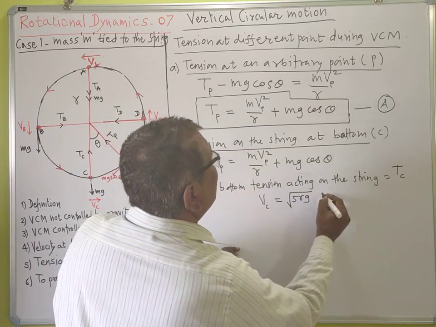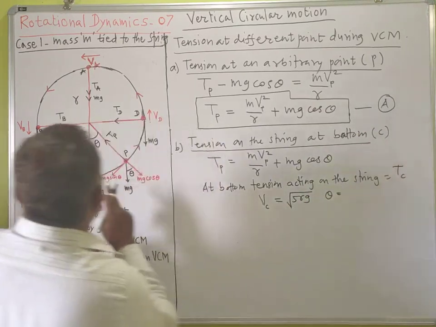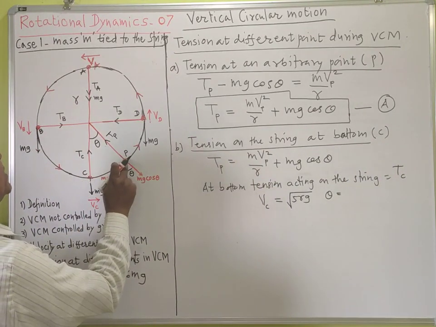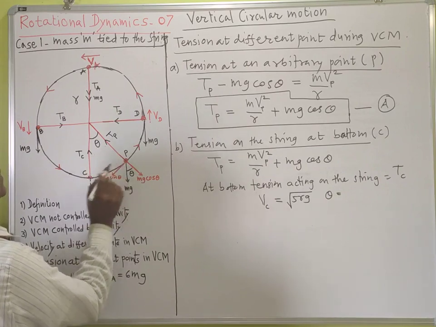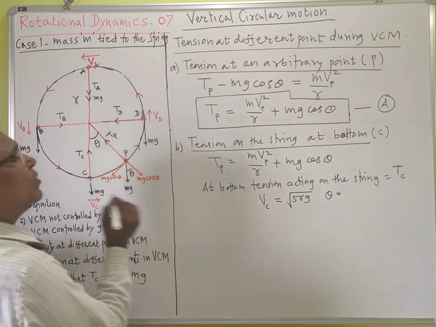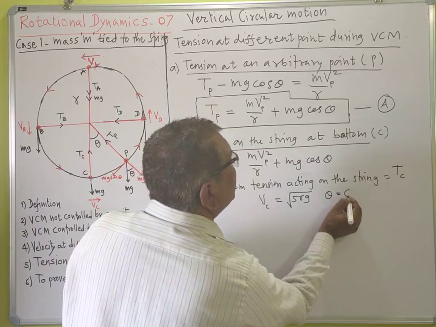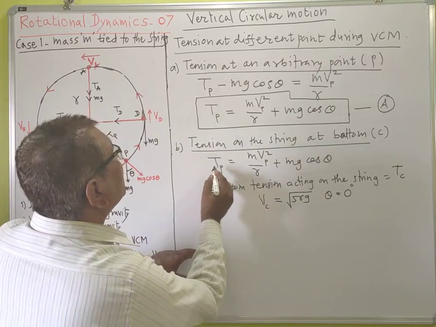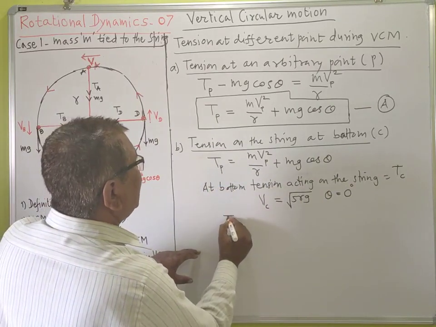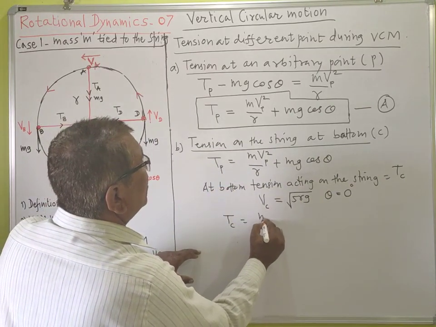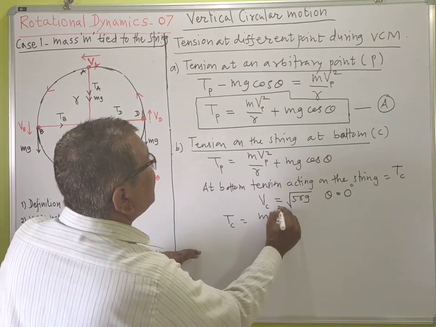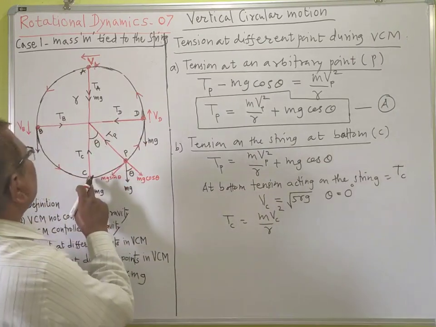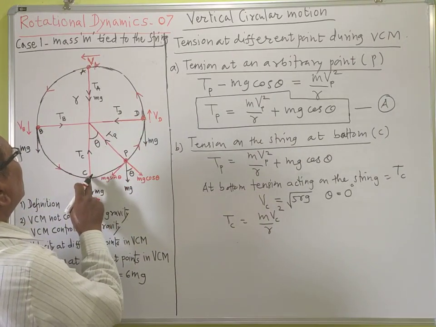Then what is theta here? When the particle is here, theta is equal to 0. There is no theta. Suppose the particle is here, we get theta. But when the particle P is here, theta is equal to 0. So we put theta equal to 0 degree here. By putting this value, we get, instead of Tp, Tc is equal to m Vc square upon r plus mg cos theta, because velocity at bottom is Vc.